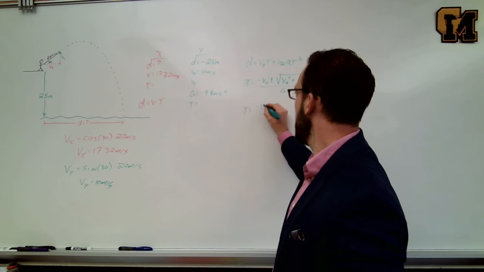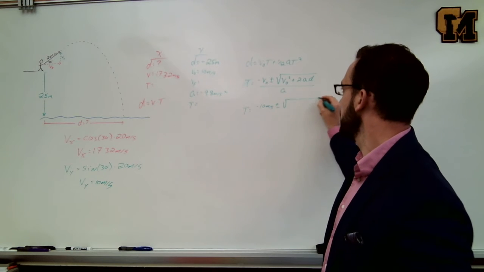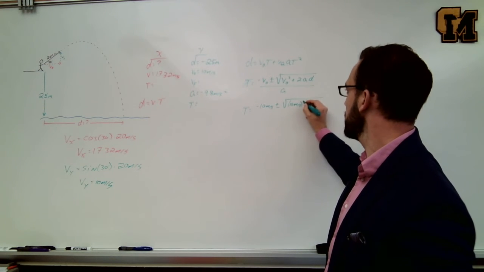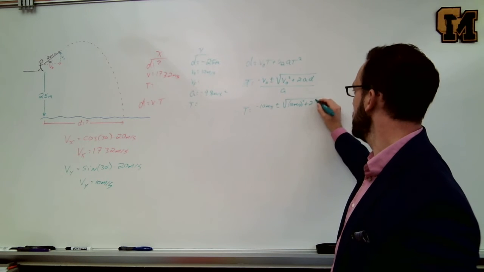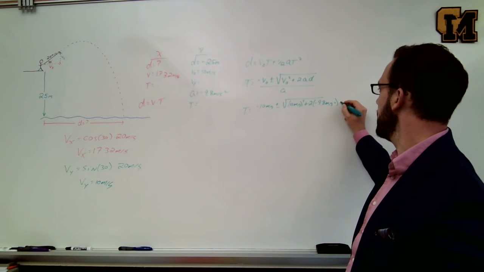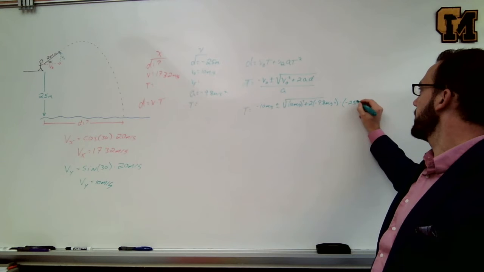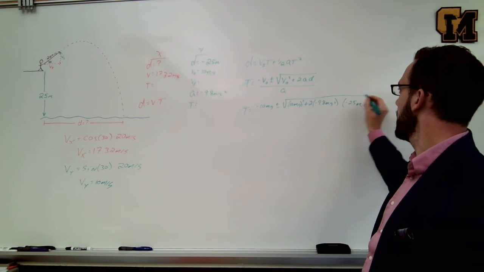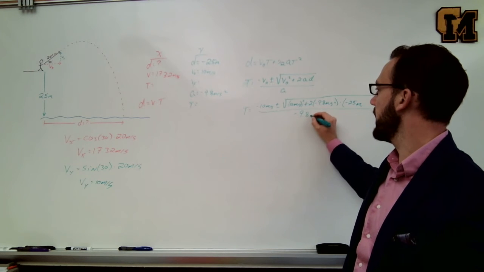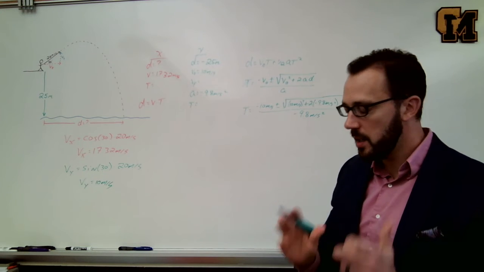Negative v naught is negative 10 meters per second plus or minus the square root of 10 meters per second squared plus 2 times negative 9.8 meters per second squared times d, which is negative 25 meters. Let me just extend my square root symbol, and all of that is over negative 9.8 meters per second squared. Quite a bit to plug into the calculator, but I bet we can do it.